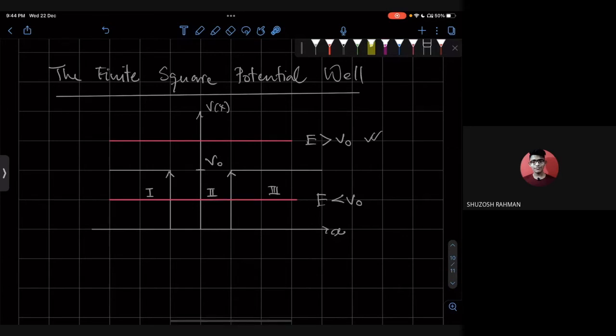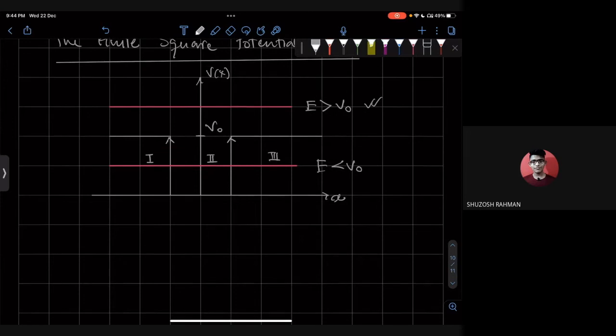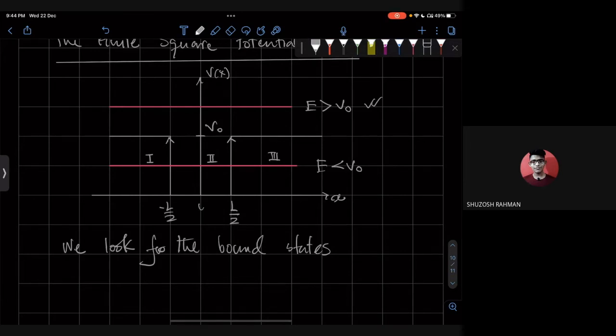But for the other case, we are going to have some discrete bound states, so we look for the bound state solutions. Let's call this L by 2, this minus L by 2, and this is the origin. Any questions about the setup of the system?